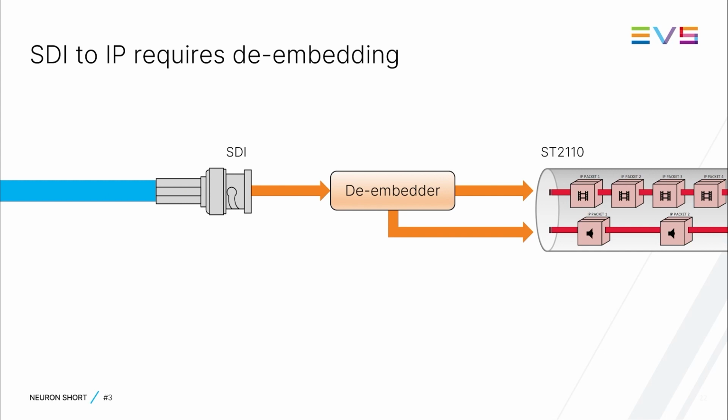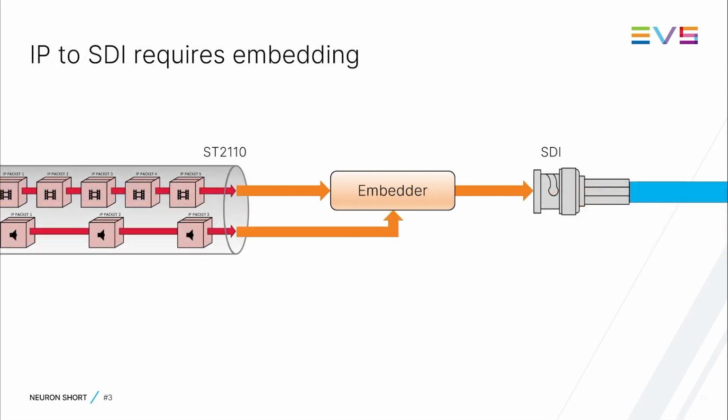Going the other way, so from IP to SDI, you need to be able to receive an ST2110-20 video stream, as well as one or multiple ST2110-30 audio streams, and merge them together into one stream using audio embedders. So processing paths intended for conversion from IP to SDI require embedders.